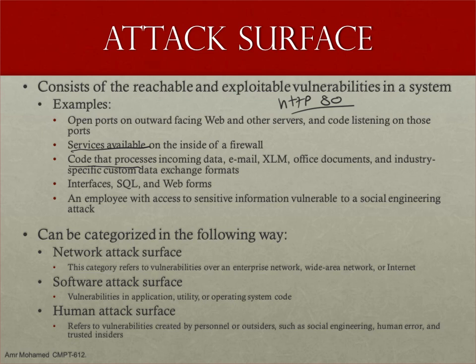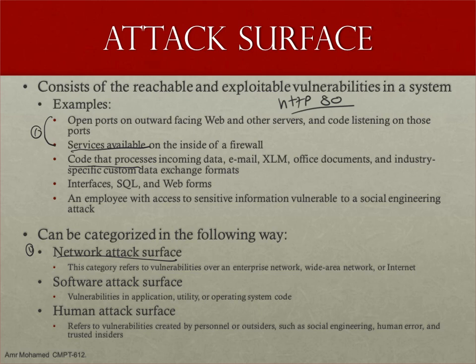So all of these examples we can categorize into 3 different categories. Of course, network attack surface: we can group the first 2 here into network attack surface. Network-related attack surface is when you keep some ports open or something.